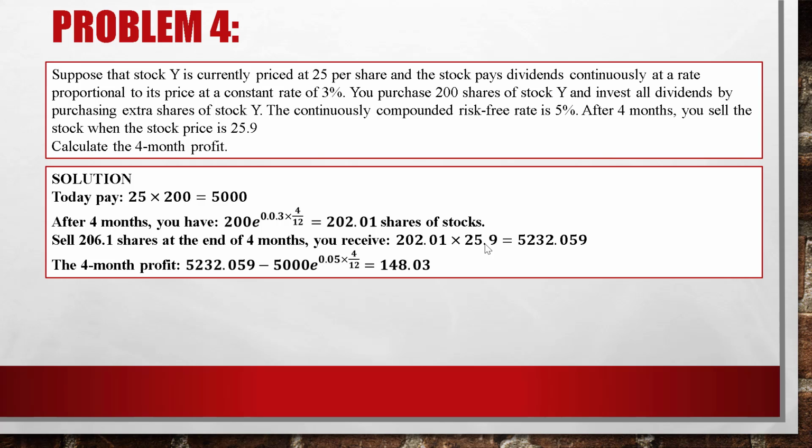The accumulated value of 5,000 is 5,000 times e to the 0.05 times 4 over 12, because the continuously compounded risk-free interest rate is 5%, and 4 months is 4 over 12 year. So the 4-month profit should be 5,232.059 subtract 5,000 times e to the 0.05 times 4 over 12, which is 148.03. So that's the 4-month profit.